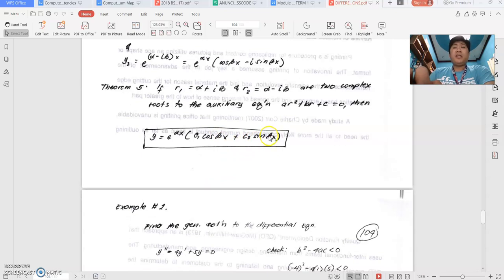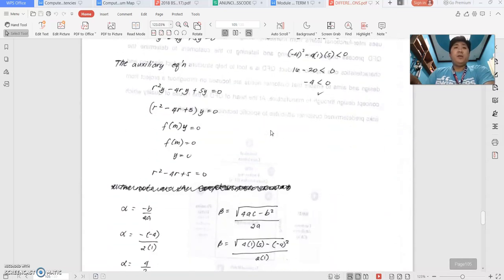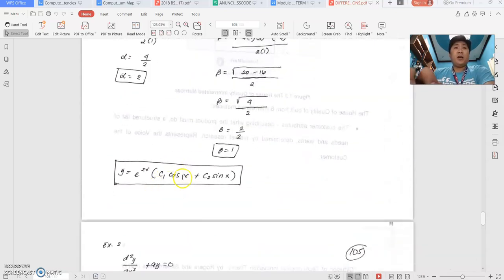Since our beta is 1 and our alpha is 2, the general solution is y equals e raised to the power of 2x times c sub 1 cosine x plus c sub 2 sine x, since our beta is 1. So this is our general solution.